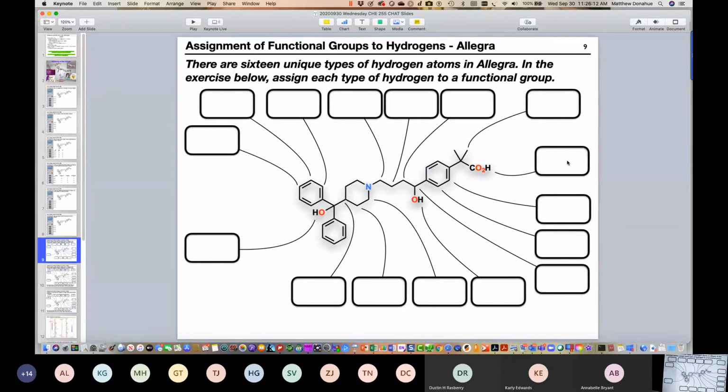Where my mouse is, you can answer in the chat box as we go through this: what type of functional group is this pointing to? Carboxylic acid. I see many uses of the caret. I believe that's called the caret character. Could be wrong.